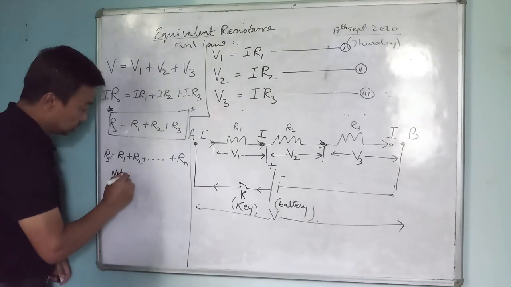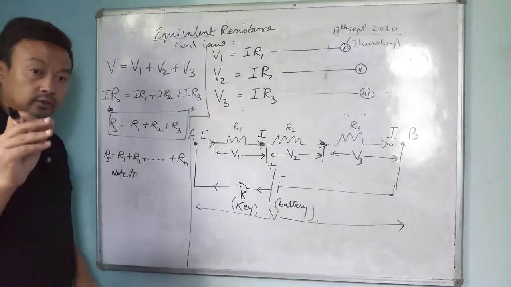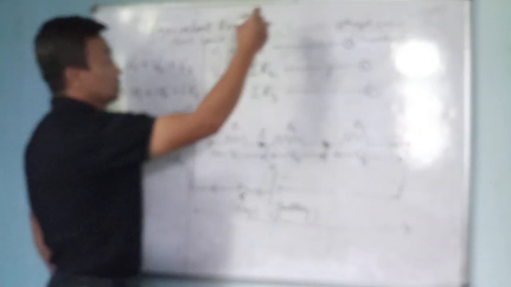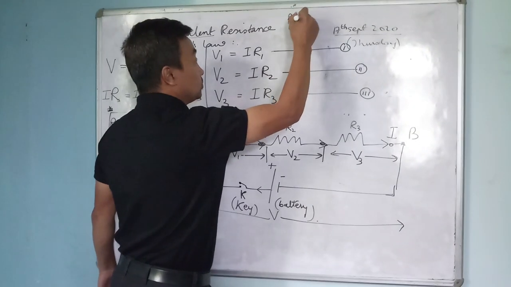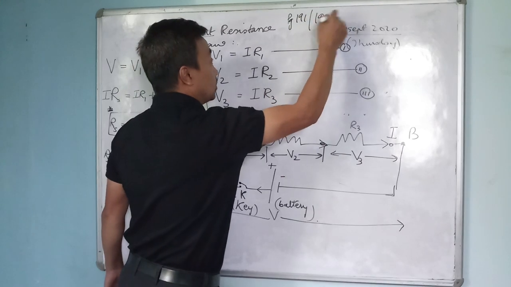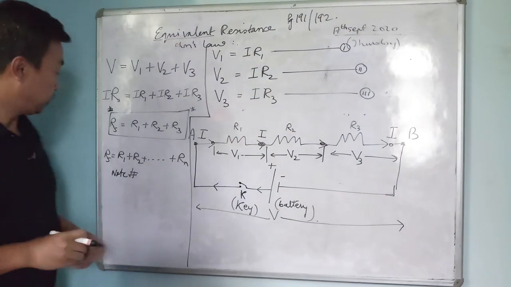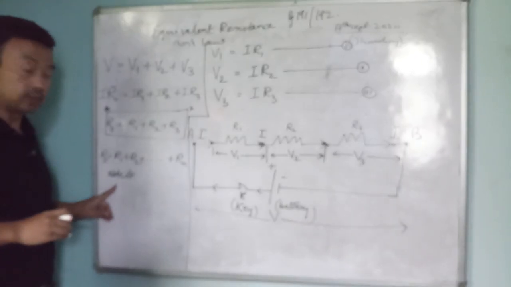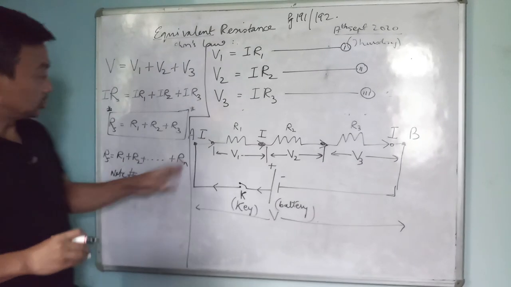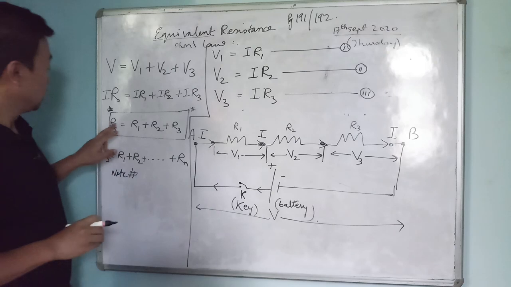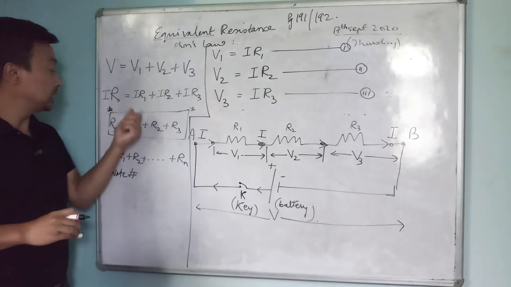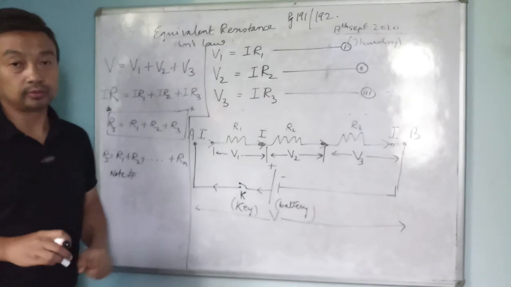So from this, you can refer to your textbook in page number 191 and 192. You will find the note at the end there. That means these two you have to write down. If you look at the total resistance, the total resistance in the series is always greater than the individual resistance.